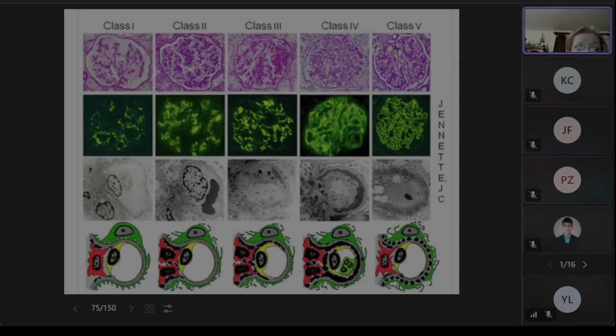The third one is the picture from electron microscopy, and just below you can see the schema. So this is a single capillary, and you can see the mesangium region, red and gray, and podocytes, which are green, and you can see if something is going on inside the capillary, like in class 4.